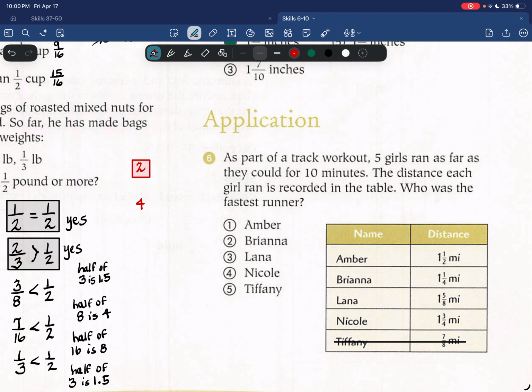I have a 4. I have an 8. And I have another 4. So we don't have to write that one. We've got the 4 in there.